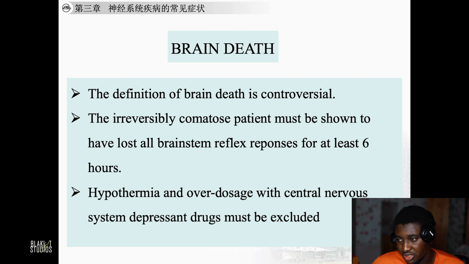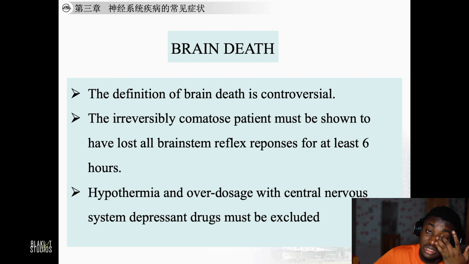So I think that's the definition: a patient loses all their brainstem reflex responses for at least 6 hours, and in that same patient, hypothermia and overdose with CNS depressant drugs have to be excluded.